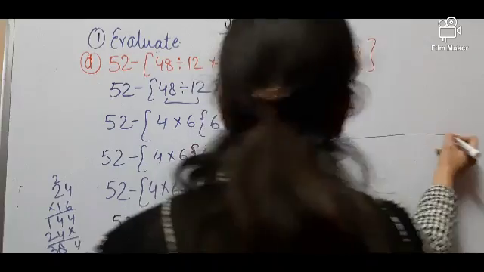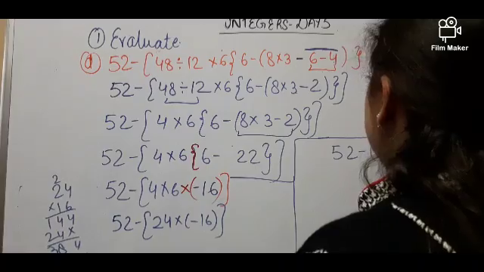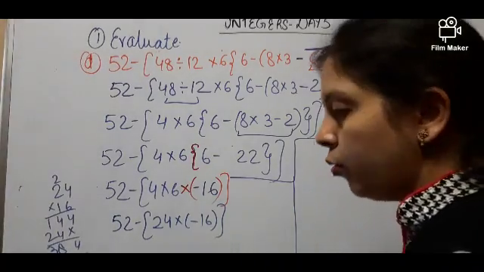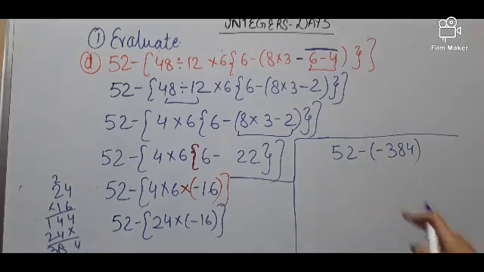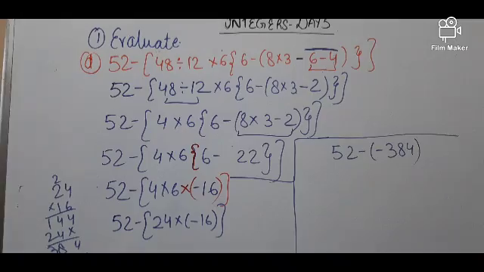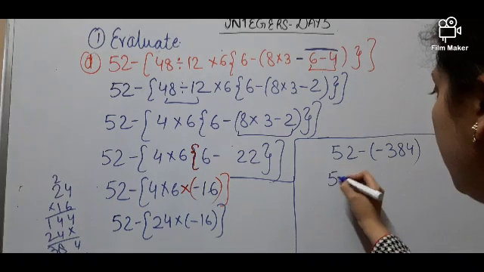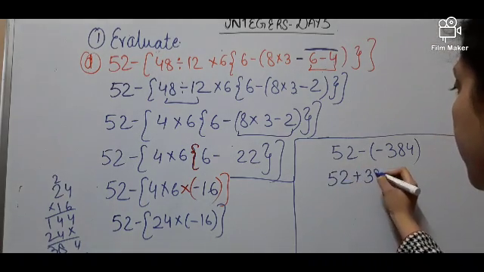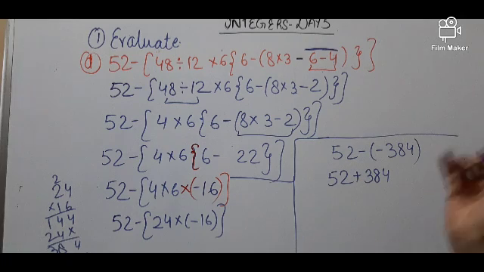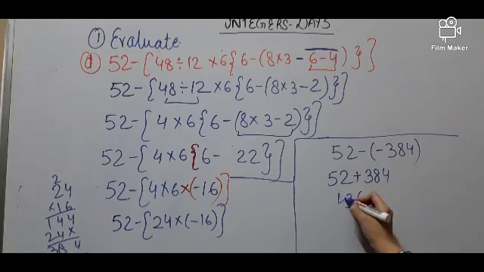384. So 52 minus negative 384, minus and minus is plus, so 52 plus 384, that is 384 plus 52, gives you 436.